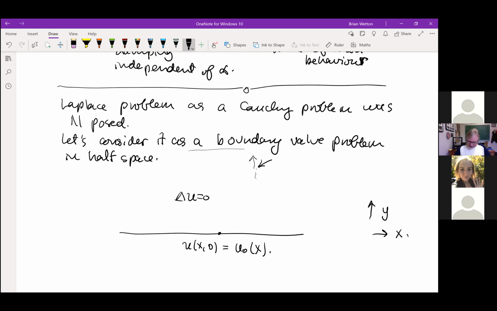So by saying it's bounded, you're automatically picking the other one, right? So let's just say that this is a hidden condition or an extra condition that the solution will be bounded as y goes to infinity. And this acts as a boundary condition.